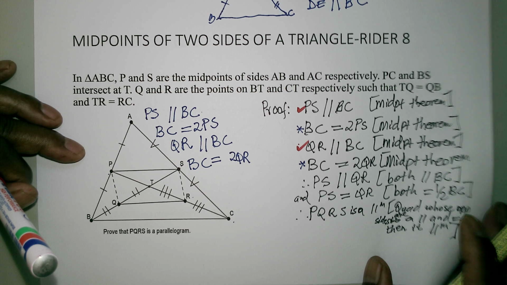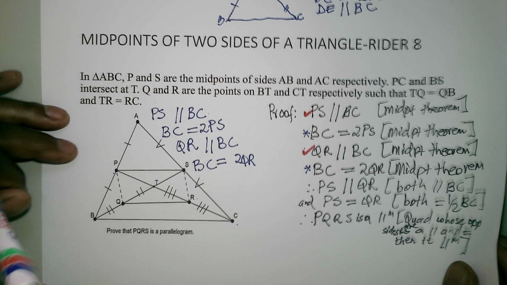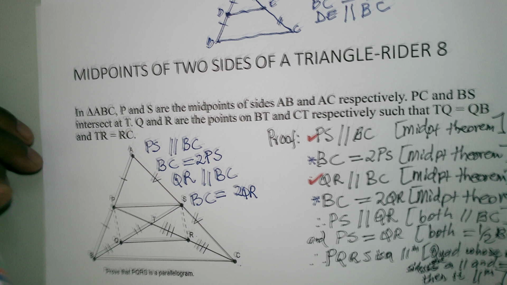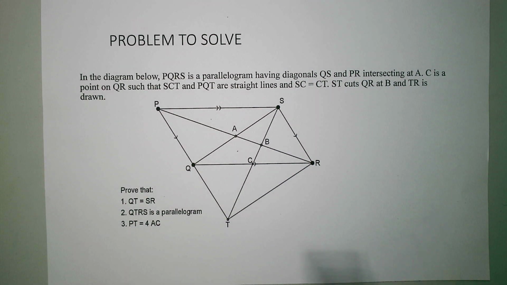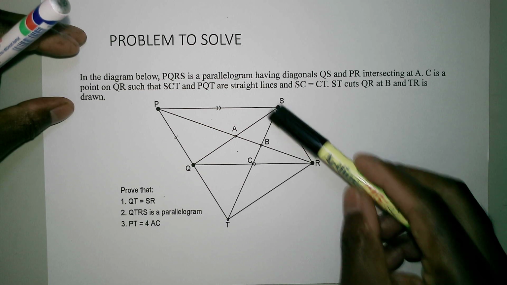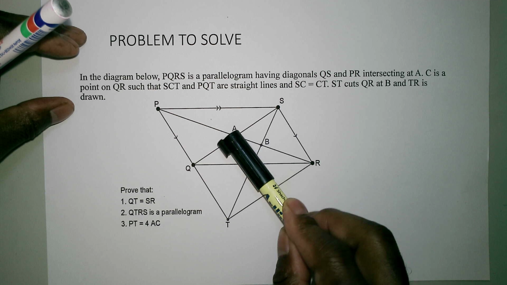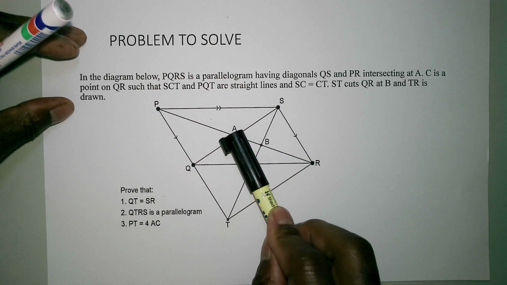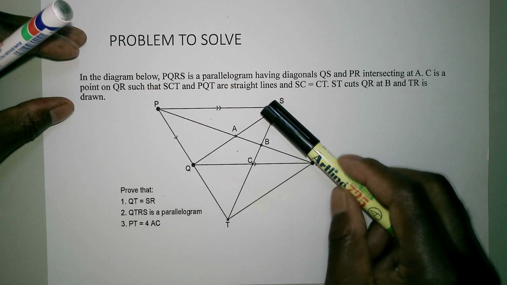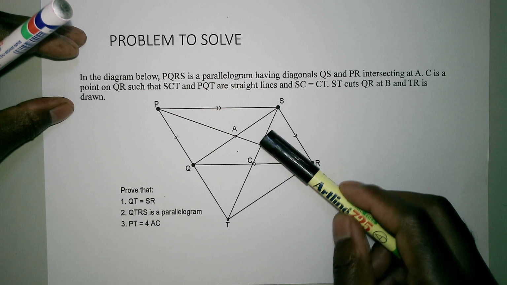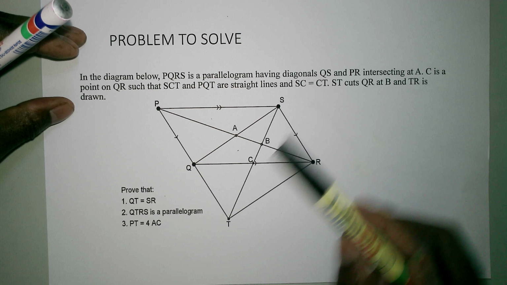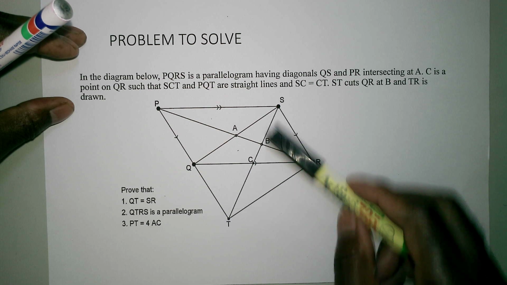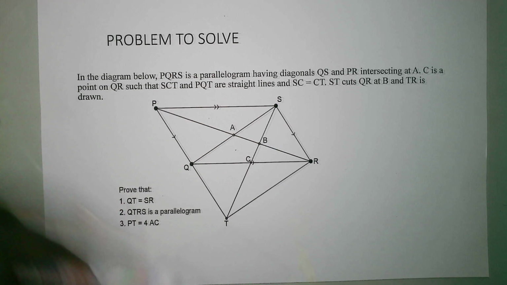So that's what we're able to establish. Now I want to do an exercise. Now you can see these are diagonals bisecting each other, meaning that it's a midpoint. And we were already told that SC and CT are equal. So C is a midpoint.